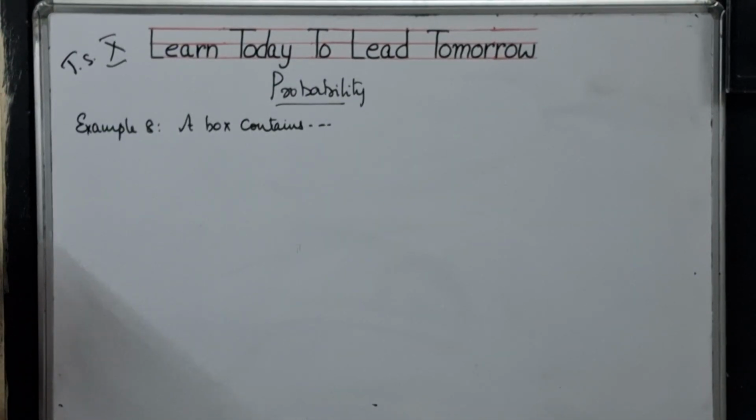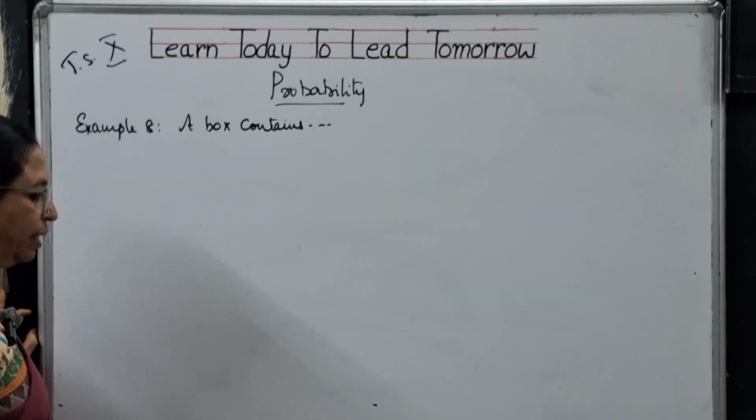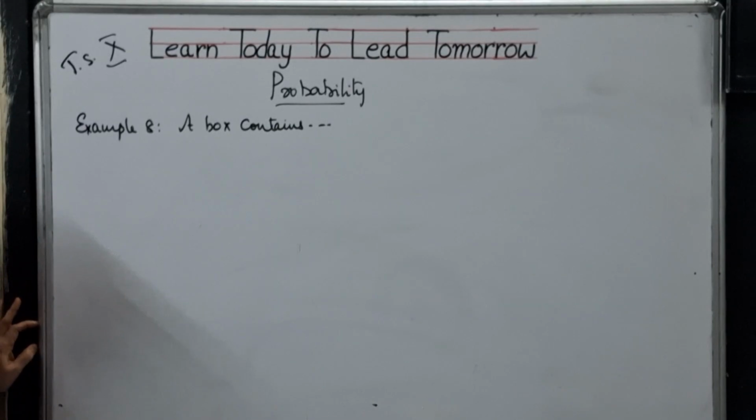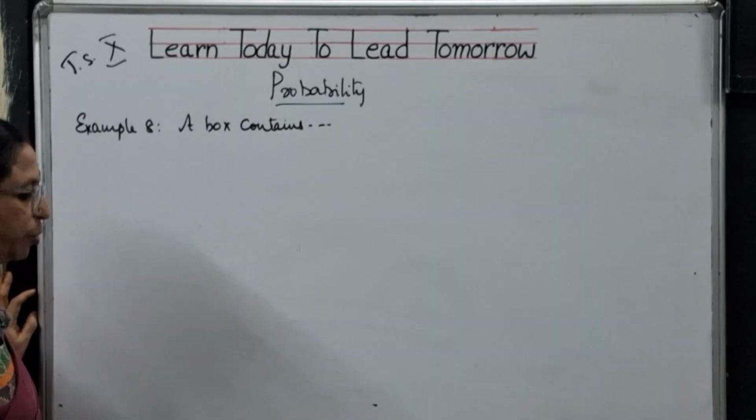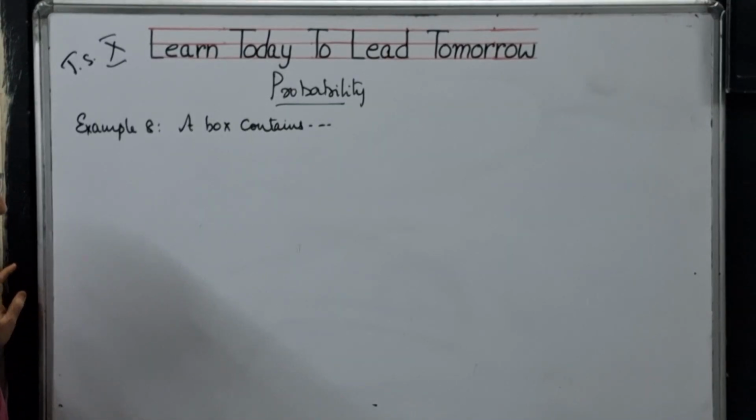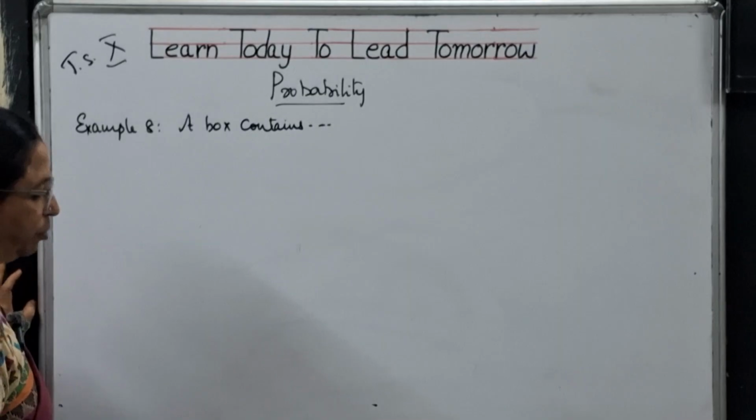I am now dealing with 10th class maths probability. In this probability, example 8 I am doing. Example 8, the problem is like this. A box contains 3 blue, 2 white, 4 red marbles. If a marble is selected at random from the box, what is the probability that it will be a white ball, a blue ball?